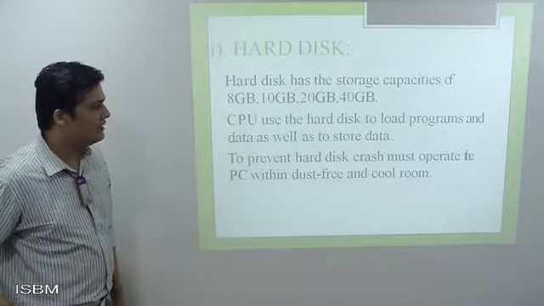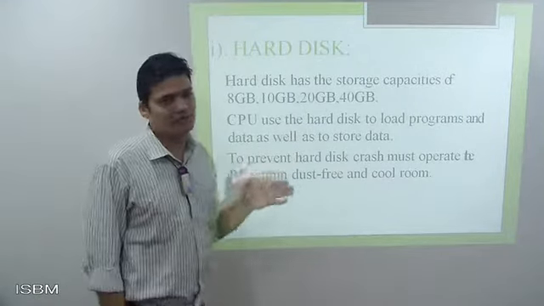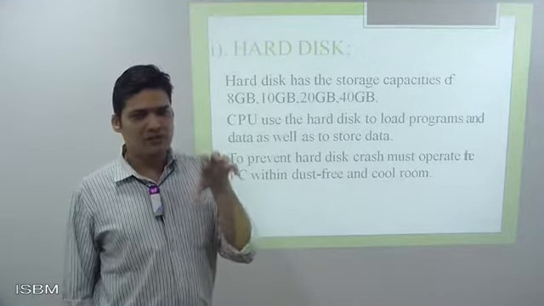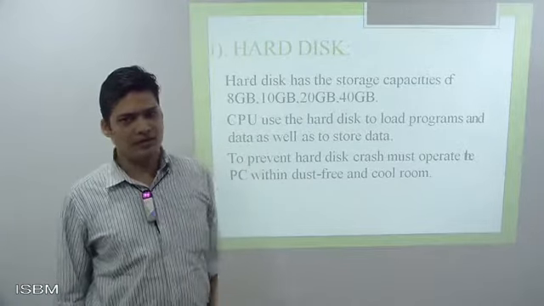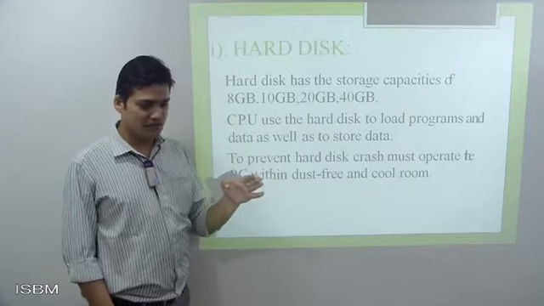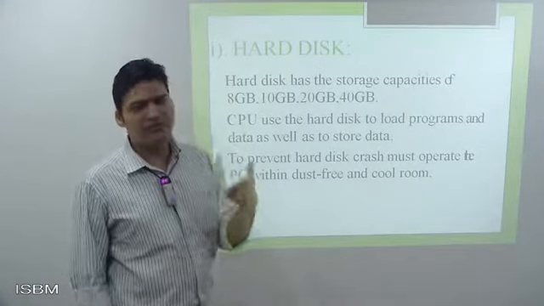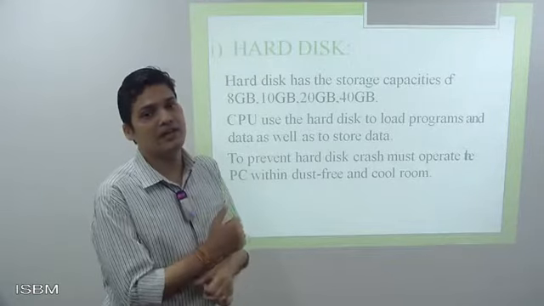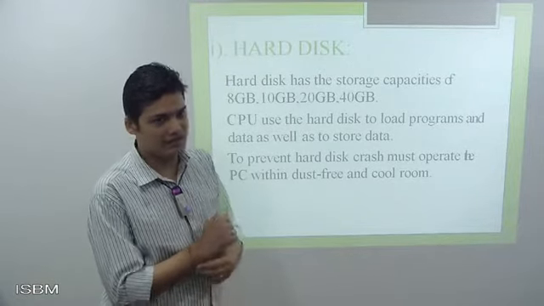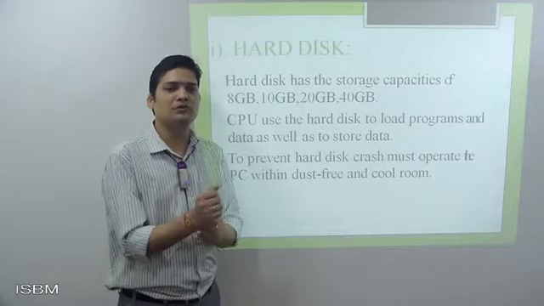The CPU uses the hard disk to load programs and data as well as to store data permanently. This hard drive is inside your CPU, and you can also use an external hard drive, which helps you store data apart from your internal hard drive.